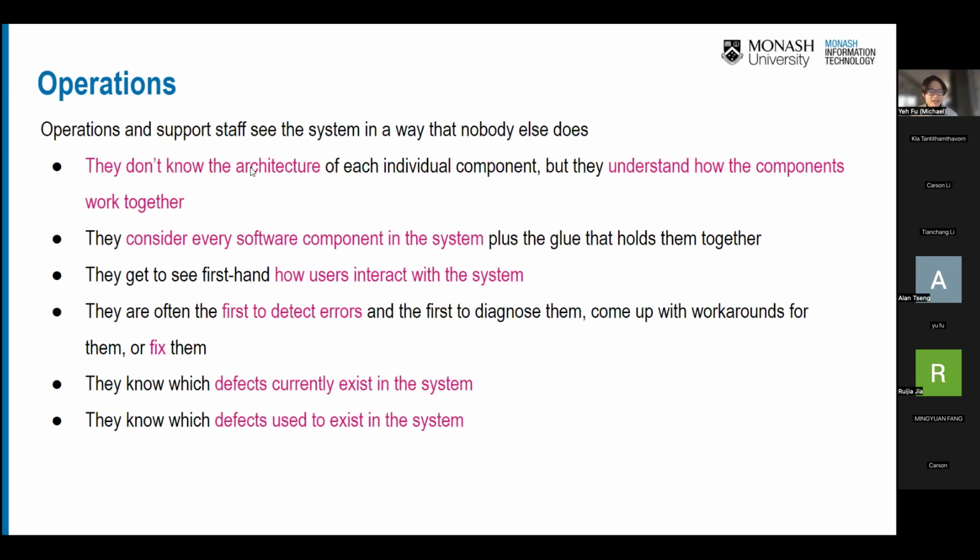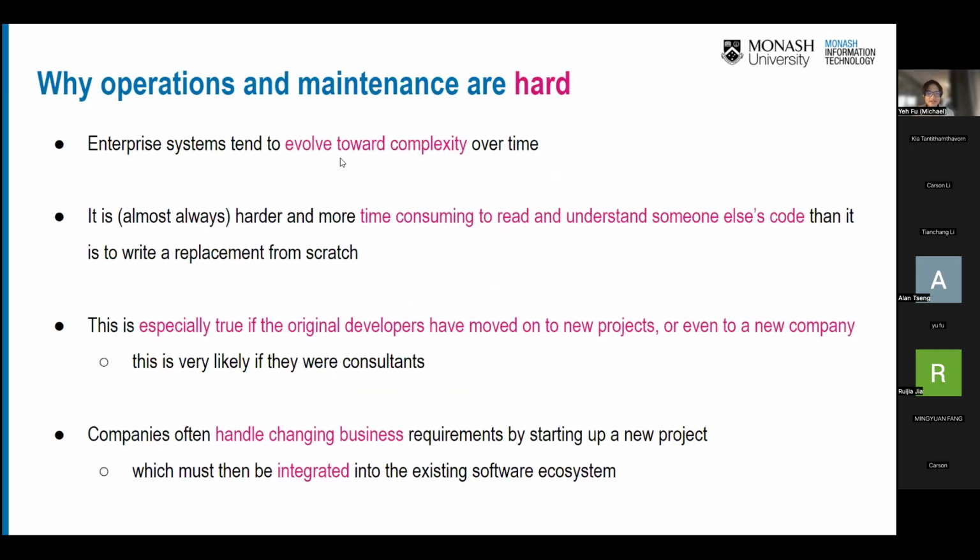The people in the team don't necessarily know the architecture, and they need to consider every software component in the system, plus how those components are glued together. It's really time consuming to read and understand someone else's code.